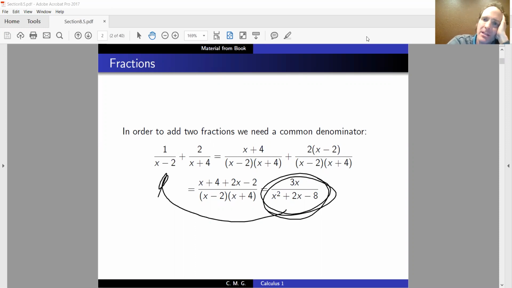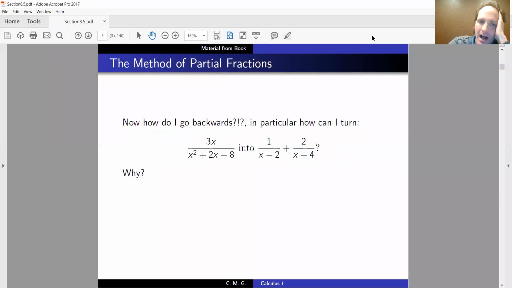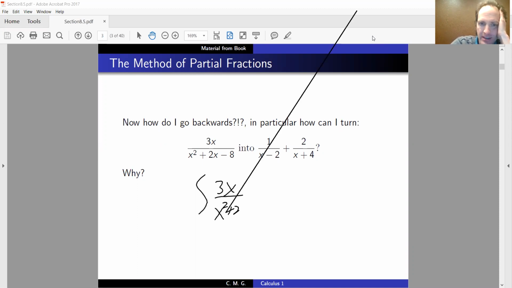And maybe the real question you're going to ask is, why do I care? Why turn 3x over x squared plus 2x minus 8 into 1/(x minus 2) and 2/(x plus 4)? The reasoning is, think about the integral. I'm looking for the antiderivative of 3x over x squared plus 2x minus 8. I have to be very careful there, because how am I going to do that?